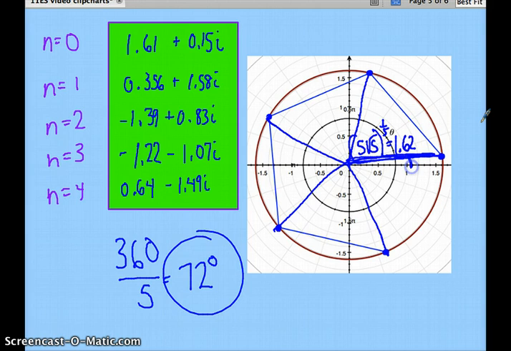So again, if this angle here was 26.565 degrees, then this angle here is 26.565, adding another 72 degrees, adding another 72, adding another 72, and so on. Okay? To me, I think it's important that you see the geometric representation of the fifth roots, or any roots, of a particular complex number. This will help us as we try to understand the nth roots of unity.